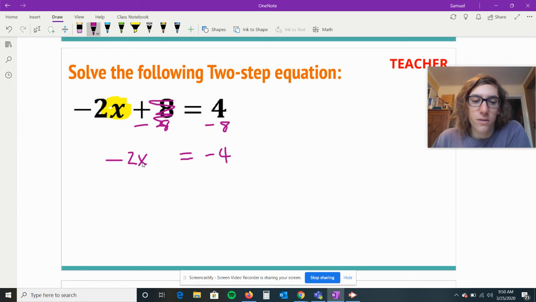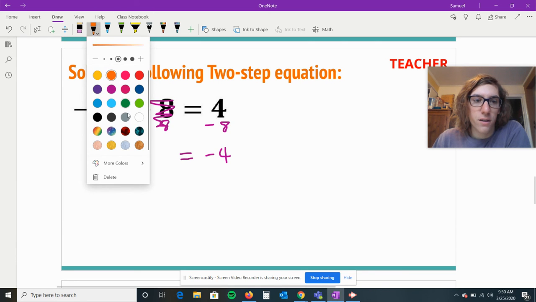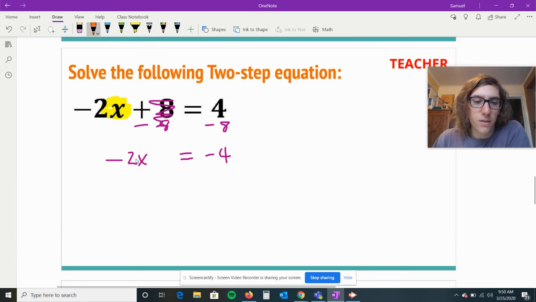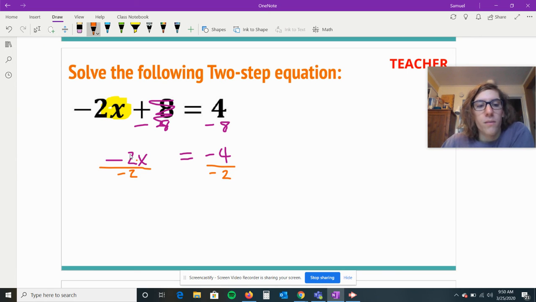So now we have negative 2x equals negative 4. Okay, to solve, we need to, again, do the inverse operations. This is negative 2 times x, isn't it? If there's no symbol. So we have to divide by negative 2. Divide by negative 2. So this becomes 1 whole.